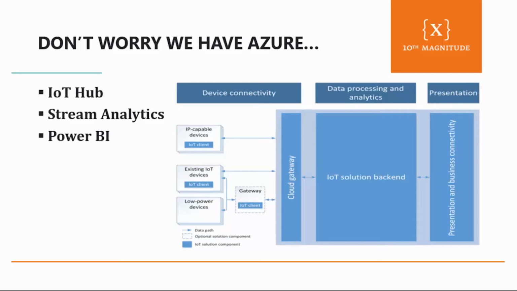you have these devices, like the device connectivity. You have IP capable devices, which I mentioned, that have the ability to connect to cloud directly using internet. If you don't have that, you have a gateway which comes into the picture, and it has the protocols and everything which you can connect to the cloud. And in the middle portion, you have data processing analytics.